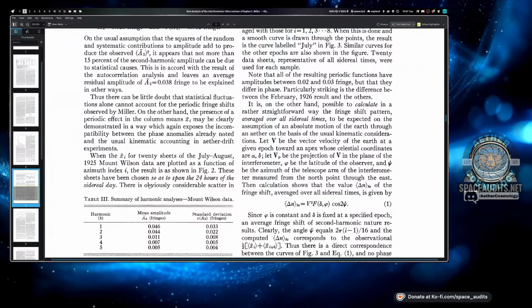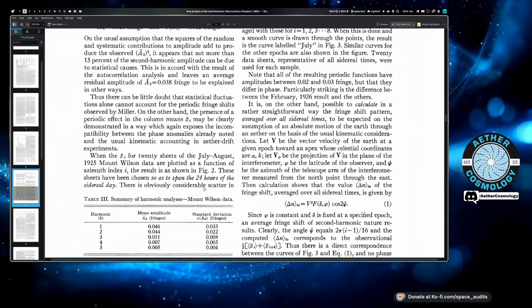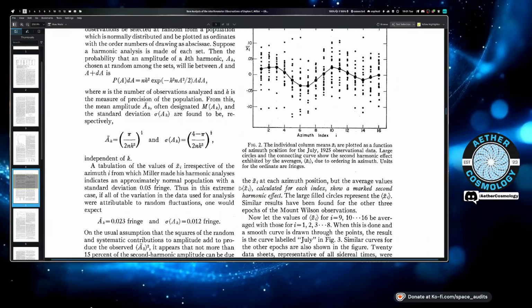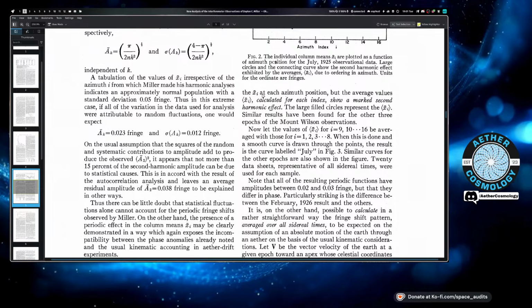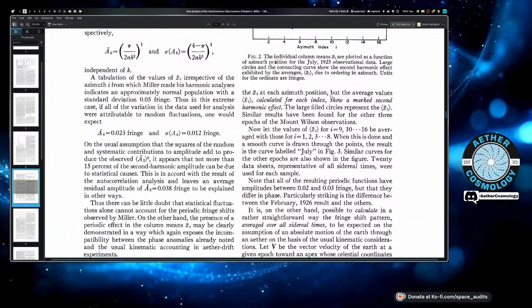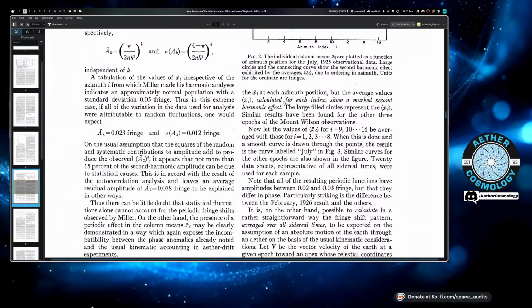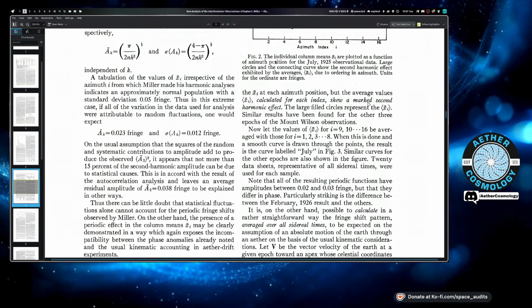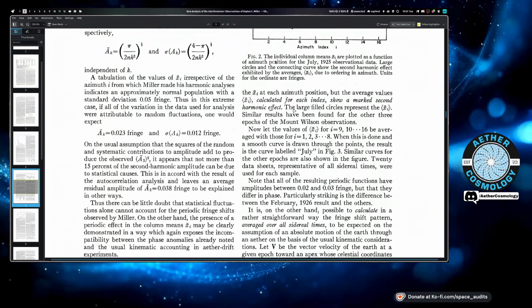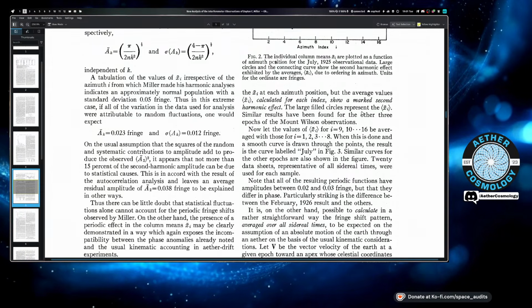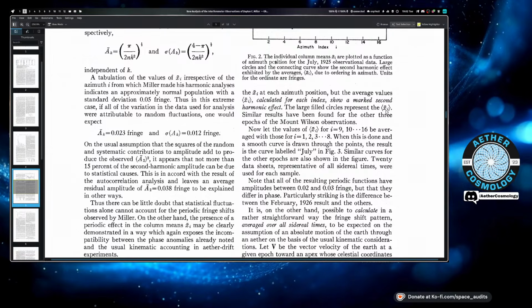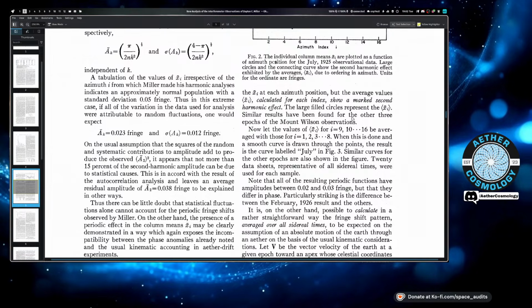They are obviously considerably scattered in the X sub I at each azimuth position, but the average values calculated at each index show the marked second harmonic effect. The large filled circles represent X sub I with the brackets around it.